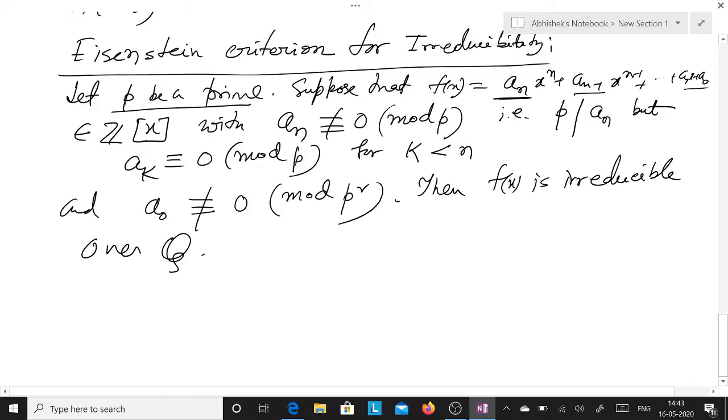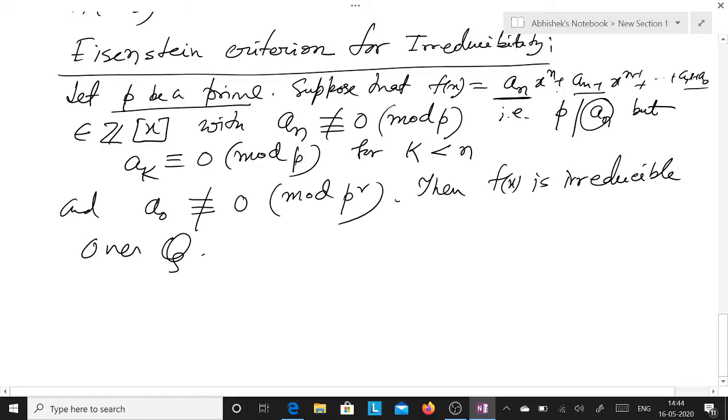So in this test, for irreducibility of a polynomial with integral coefficients, our first goal is to choose a prime p keeping in mind the coefficients of the polynomial, because we need to check three conditions. One is whether the prime that we have chosen divides the leading coefficient a_n.